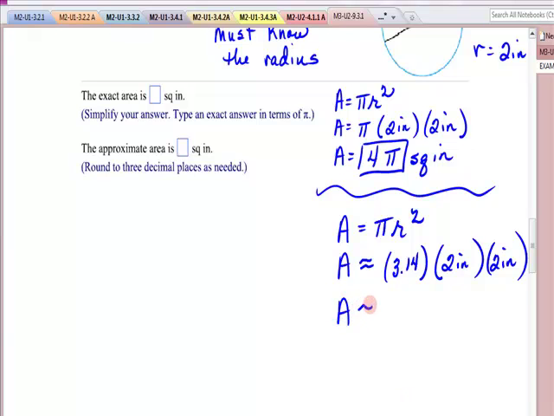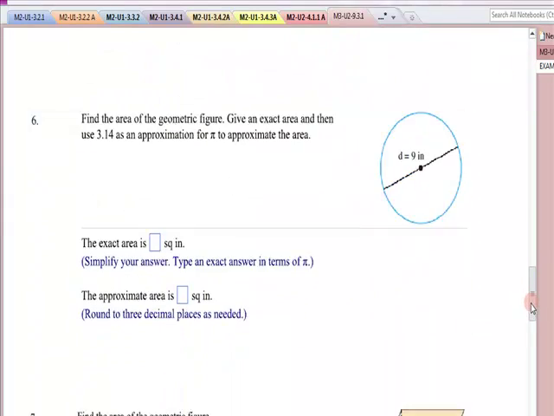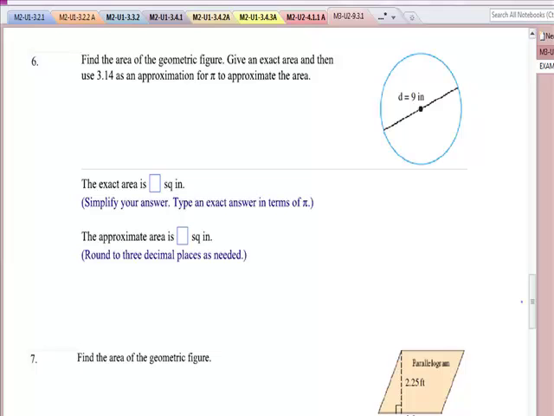So the area is approximately 3.14 times 2 times 2. It is approximately 12.56 square inches. Okay. Let's do another one of those.